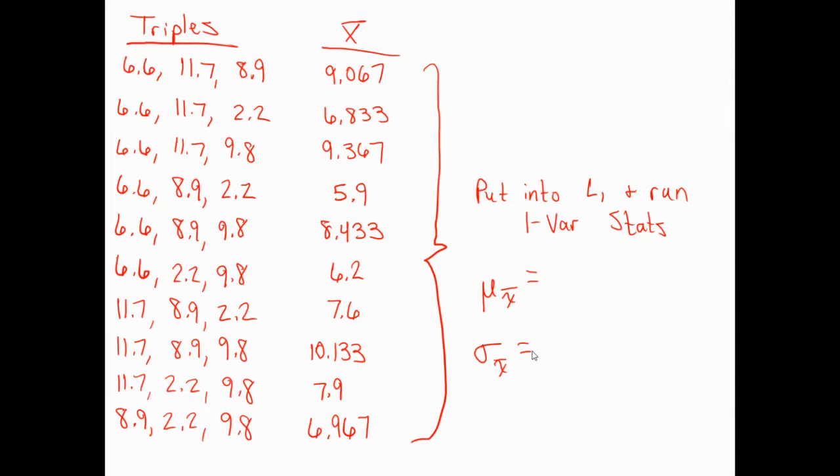And if you've done that, just to be ready for the next part that we're getting to, make sure you have your Z table out, please. Like if you put them into one variable stats and you got your mean and your standard deviation, that's your Z table.